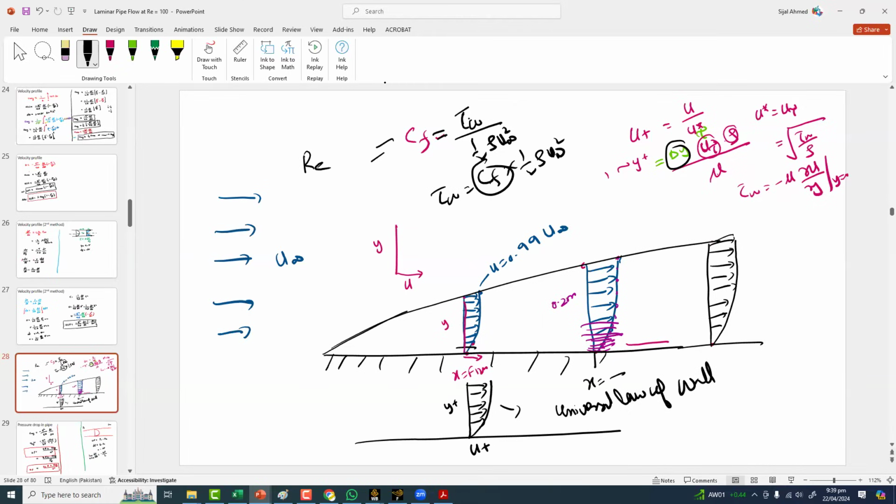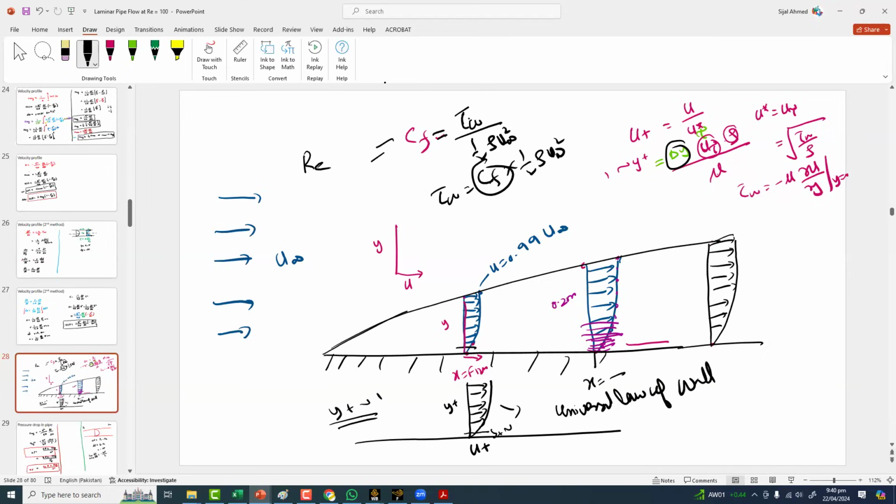On this single profile, we can set our first cell height. This first cell height is based not on delta y but on y plus. We said that the first cell height should be y plus equal to around 1. The corresponding value of the first cell height in terms of delta y will be different for different flow conditions, different geometry sizes, and different conditions.